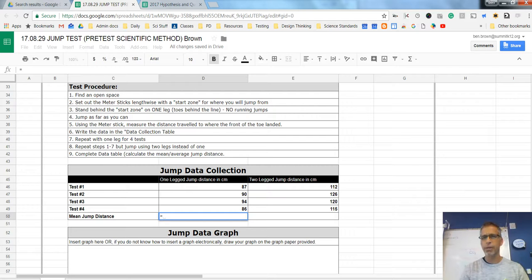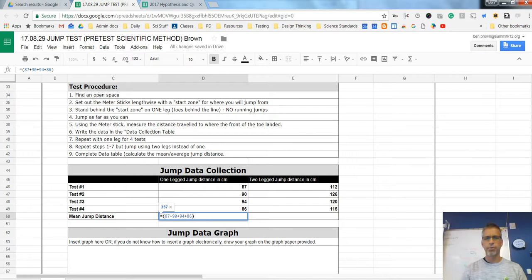Spreadsheets can do calculations. You just have to tell it you want to do a calculation. The equal sign tells it that a calculation is happening. If you don't include the equal sign and you do 87 plus 90, what'll happen is it will just read that as a word. So try to insert the equal sign, then sum all of the numbers, 94 plus 86.